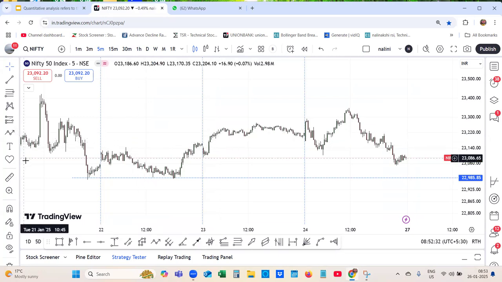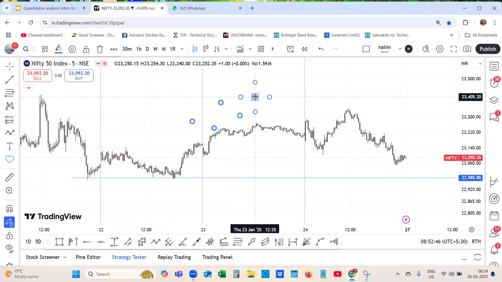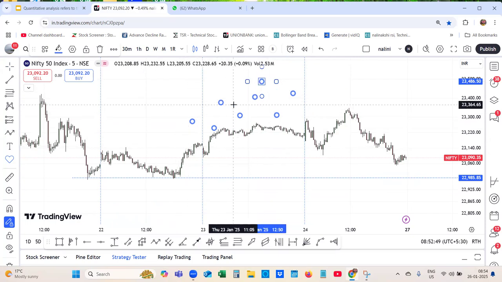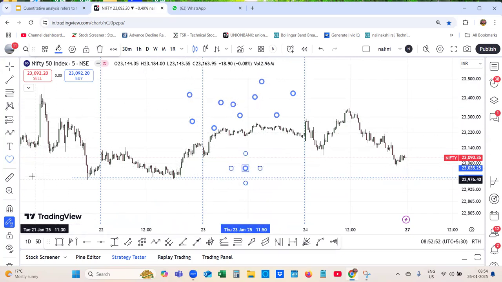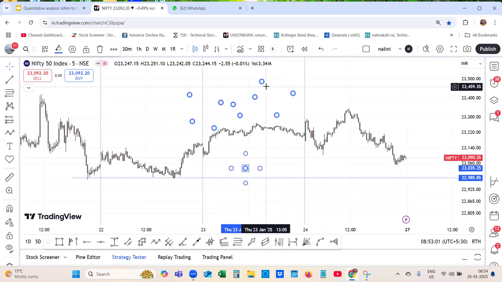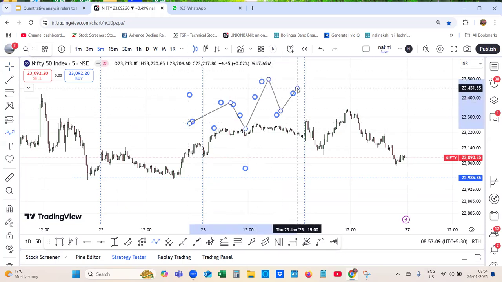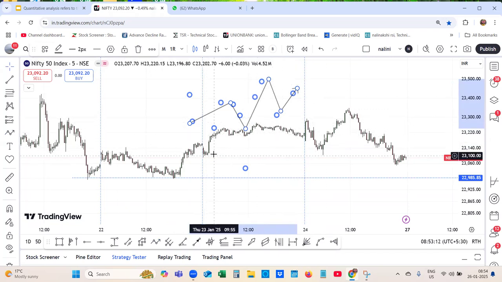So it will be like a few dots like this, all scattered. If I try to join all this data, probably I may get a line like this, like this, like this. See, this is what we are getting. You can see on the chart.